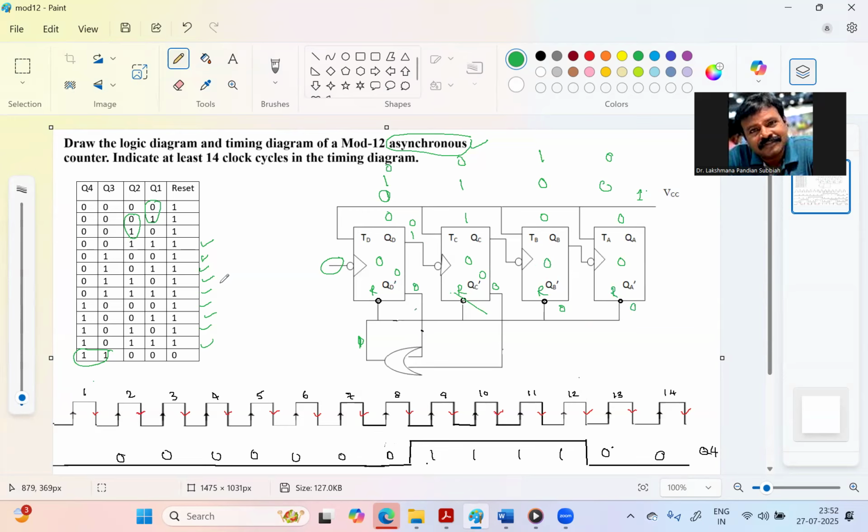Actually, this is not the diagram. So here Q3 and Q4 are connected, right? So that one is here.